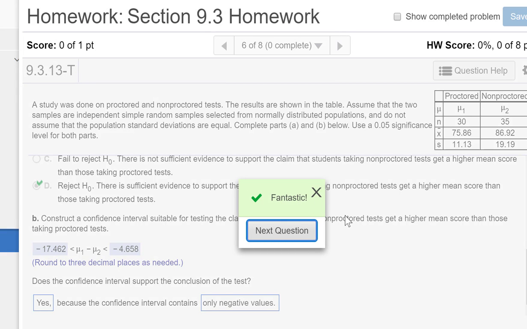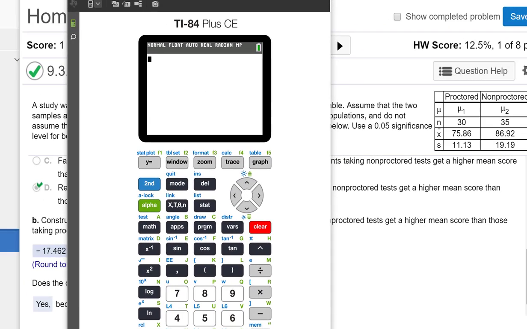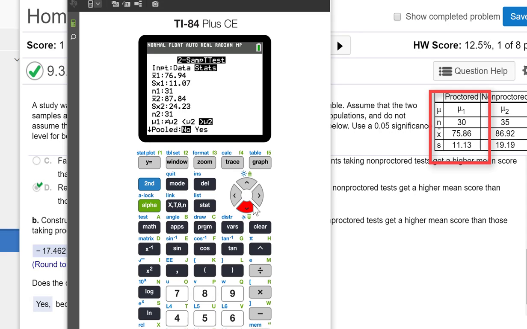I'm going to show you now on the TI-83 or 84. We'll just do the same problem. I'm going to press Stat, scroll over to Test, and this is a 2-sample t-test, so number 4. We're given the summary statistics, so have it on Stats, and then enter your x-bar, 75.86, standard deviation 11.13, and then the n of 30.